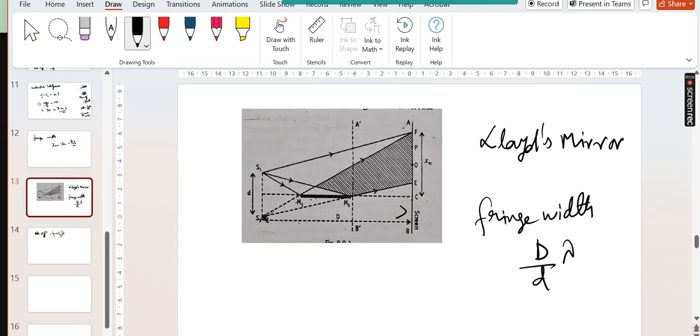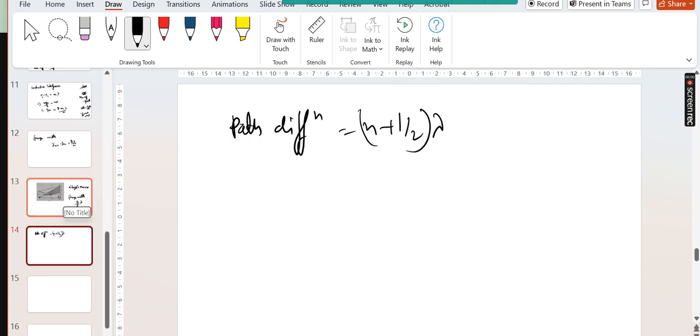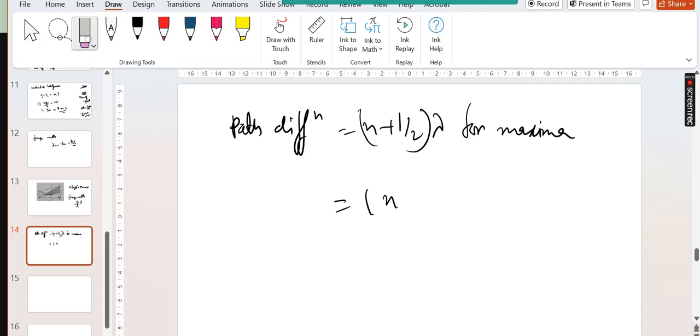That's why where it is supposed to be a maximum, we get a minimum. And where path difference is n lambda, we get minima. This is the complete opposite of Young's slit.